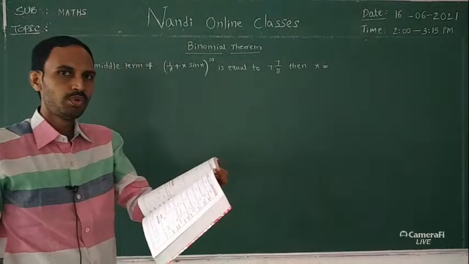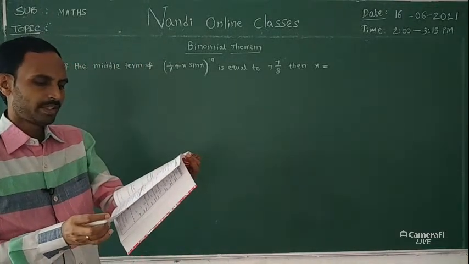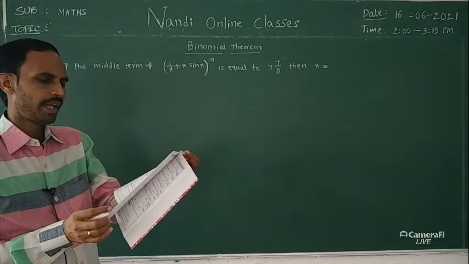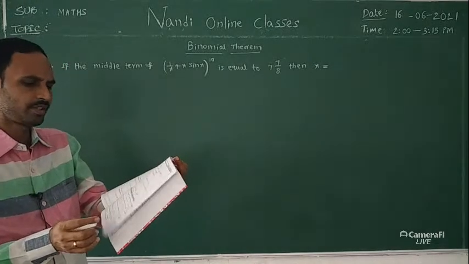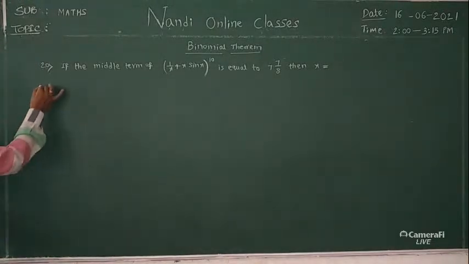Options are 2nπ + π/6, nπ + π/6, nπ + (-1)^n π/6, like that 4 options given. General solutions they are asked to find.